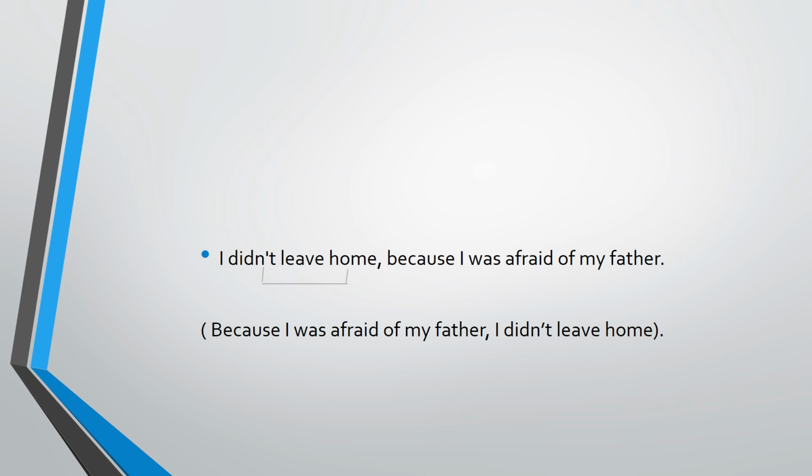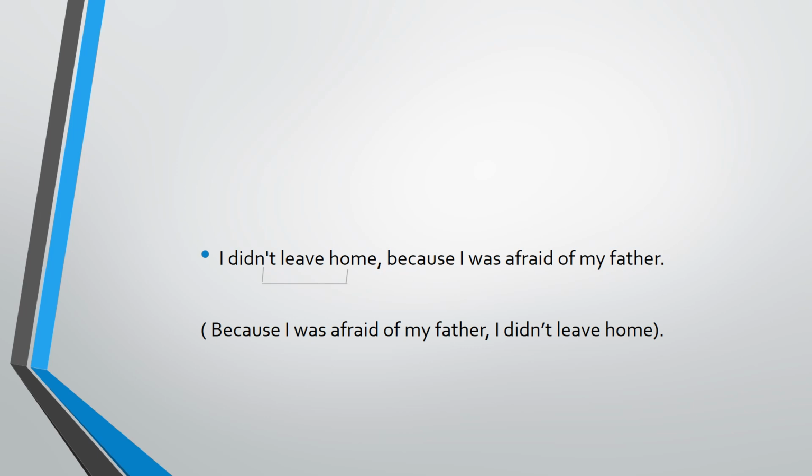This is a clause of reason, adverbial clause of reason, and as you see, we have kept it outside the scope of negation. So everything that is kept outside the scope of negation, this means that it is going to be positive. Okay, so here we are negating what? We are negating only the first part of the clause, which is the independent clause. We are negating the verb and the object.